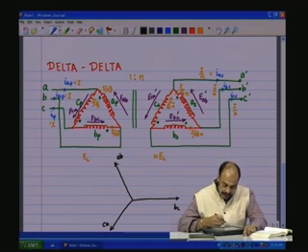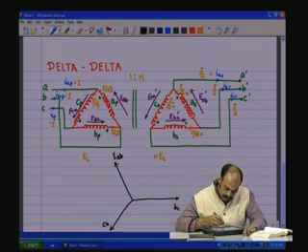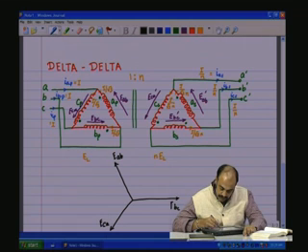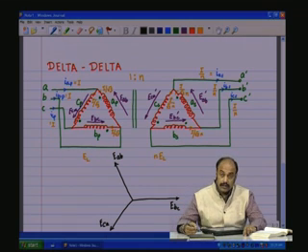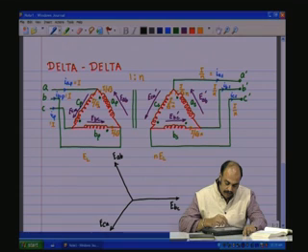Now, let us take the voltages. So, this would be EAB, ECA and EBC on the primary side. Now, if you take the dot polarity, the secondary also will be along the same directions, but only by a factor of n it is going to change.